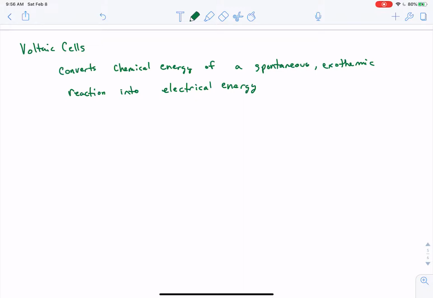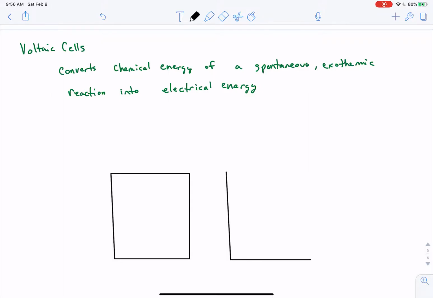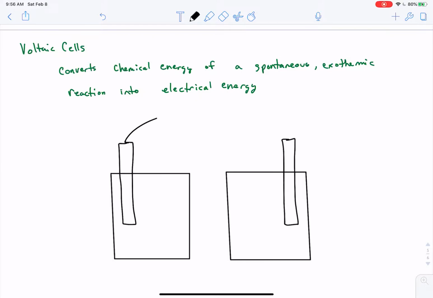And so our voltaic cell looks like this.